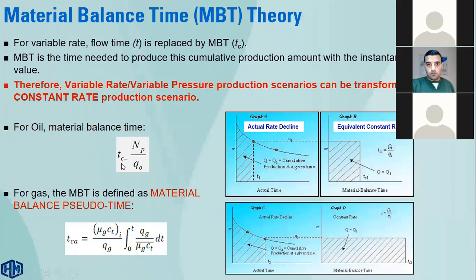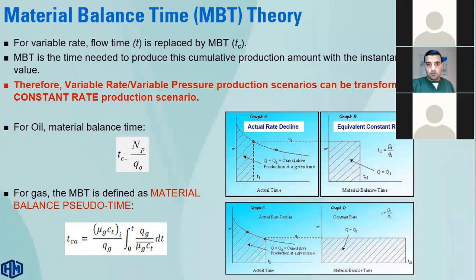For oil reservoirs, the material balance time, by definition, equals Np over q, the cumulative oil over the oil rate. For gas reservoirs, it will be the material balance pseudo time, because in gas reservoirs the gas properties like gas density and gas viscosity are highly dependent on pressure.